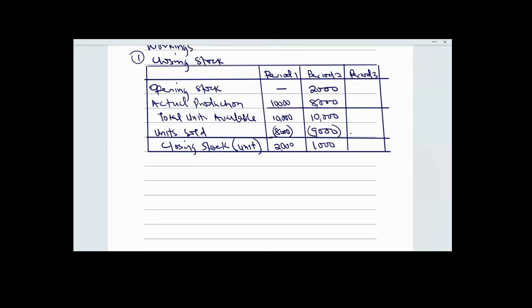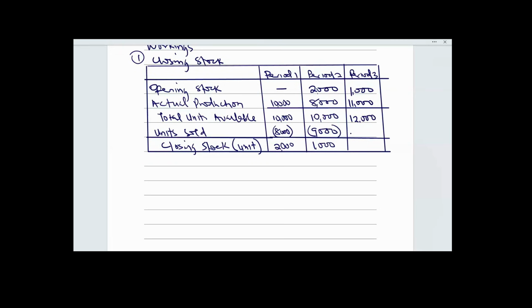That will become opening stock at the beginning of period 3. So here is 1,000. How many units were produced in the third period? 11,000 units. Plus 1,000 will give us 12,000 units.